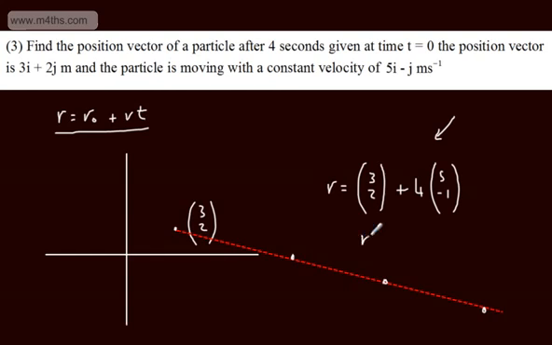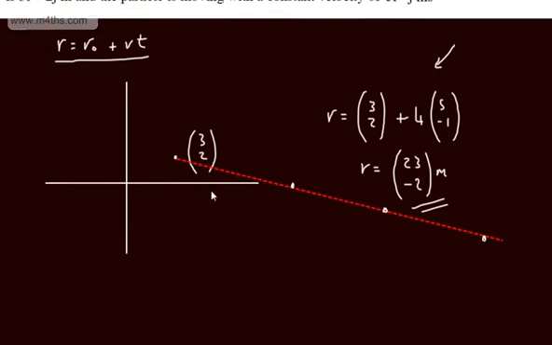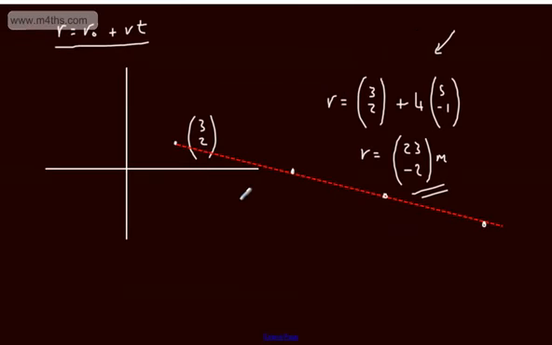So what we can see then is 3 plus 4 times 5 is going to give me now 23. And then I've got 2 minus 4, which is going to be minus 2. So we're asked for the position vector, that's going to be meters. So after 4 seconds, we're down here. Now later on in our work we will see that this has some really interesting consequences.